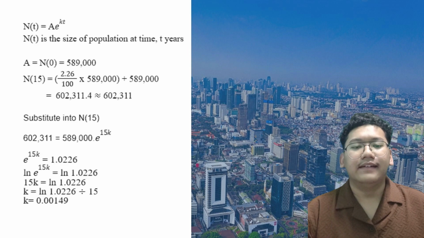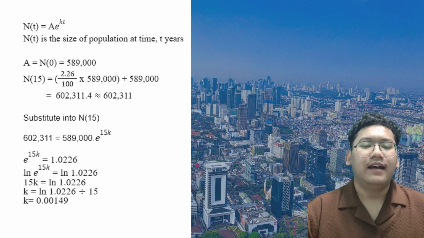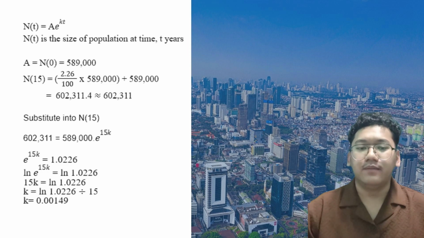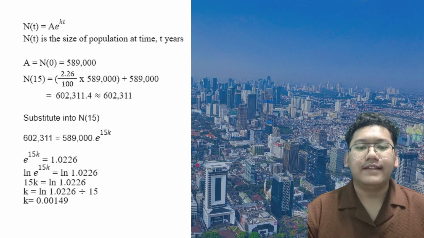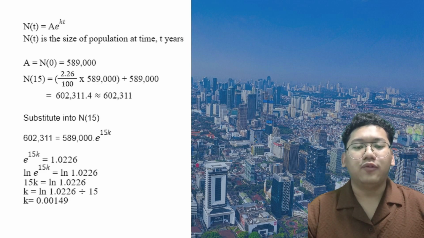N(t) is the size of population at time t years. And our A, which is the initial value of N, which has been mentioned before, is 589,000.